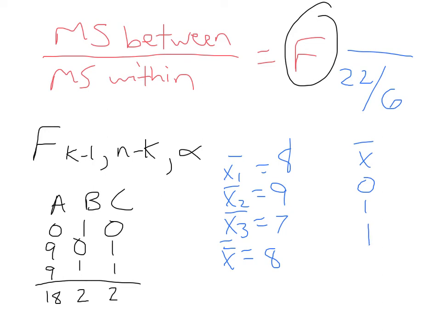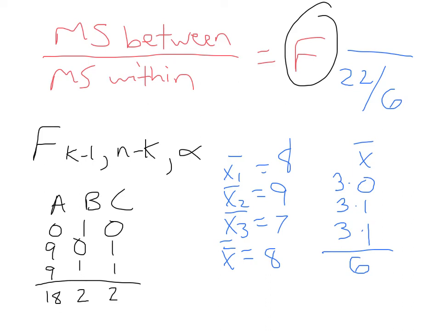So I have 8 minus 8, 9 minus 8, 7 minus 8. For each of the three values, I have 0 contribution for x bar 1, 1 contribution for 2, and 1 contribution for 3. And then I add these up. So 0 plus 1 plus 1 gives me a 2.